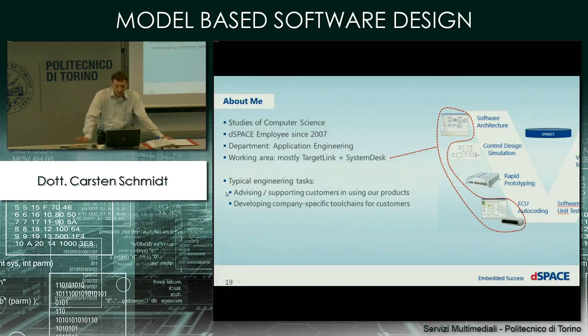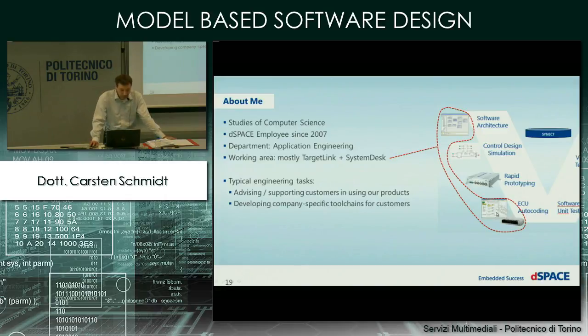Or another thing is, if you do, for example, automatic code generation, then there's a question: okay, we have code, but it's not efficient enough, so maybe it consumes more memory than we have on this ECU, and so the question is, how can we adapt the code generation process or the models to, for example, improve the efficiency of the code? That's a typical question in my working area.